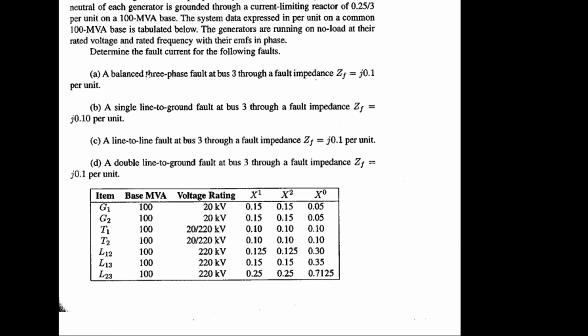So fault current can be determined in two ways: either by normal Thevenin equivalent concept, or by ZBus building algorithm concept.